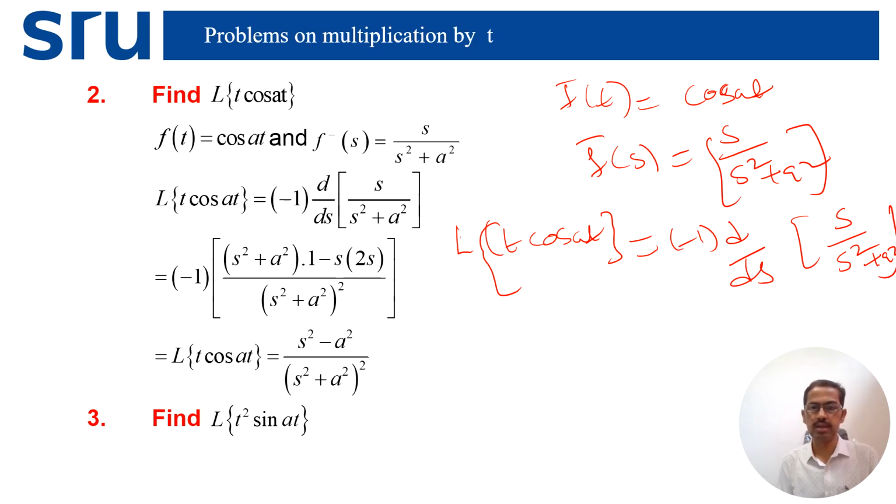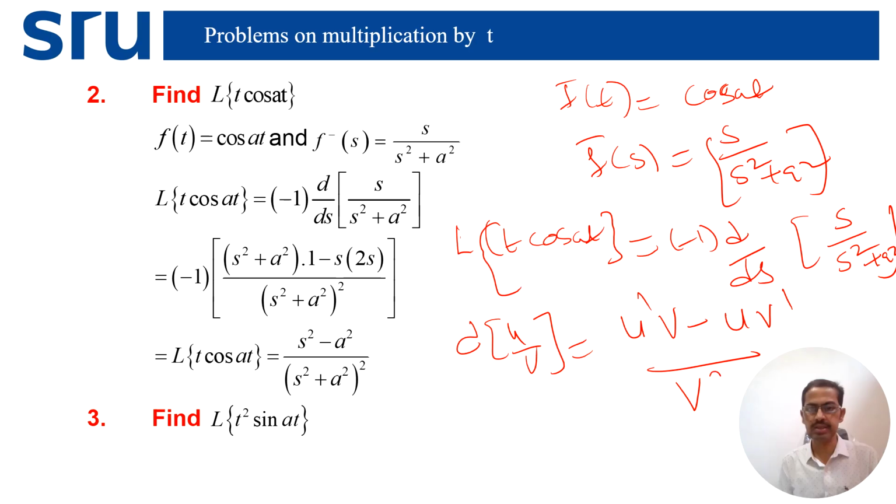Differentiate this. So this is the u by v formula. What is the u by v formula? Derivative of u by v is u dash v minus u v dash by v square. Right? So what is u here? U is s and v is s square plus a square. U dash, the derivative of s with respect to s, is 1.